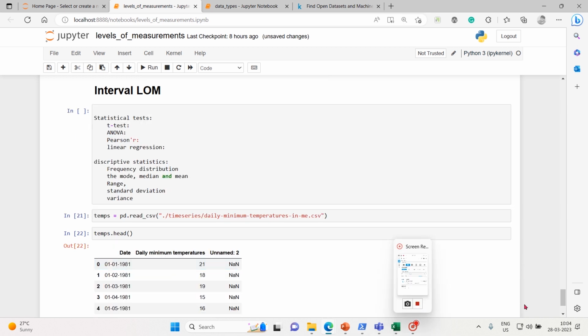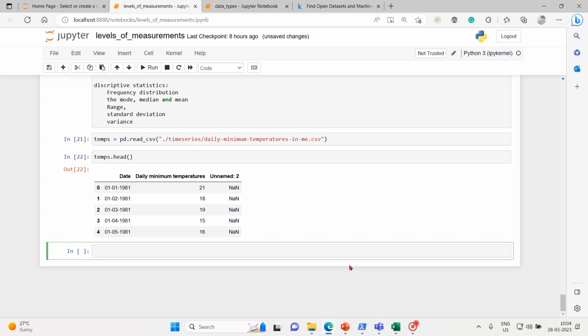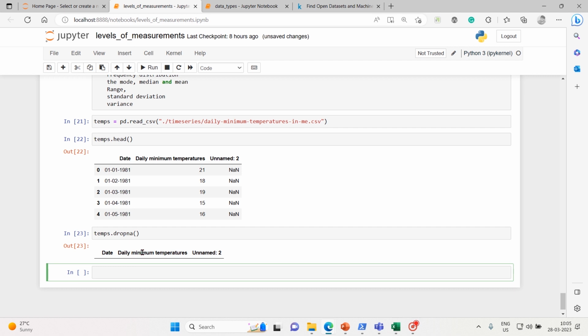Yeah, so we have some NaNs. What I'm going to do is drop these NaN values. So wherever there is a NaN in temps, drop.